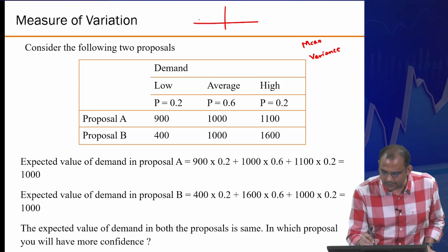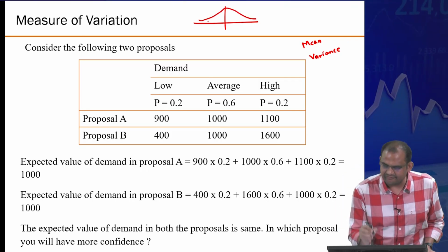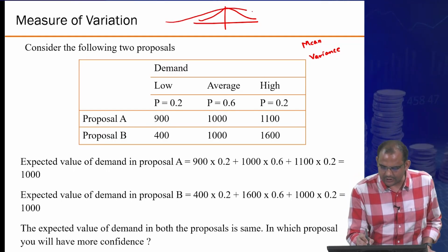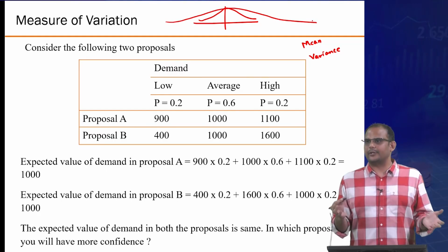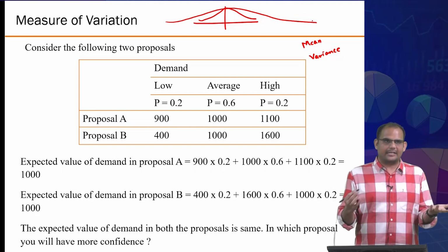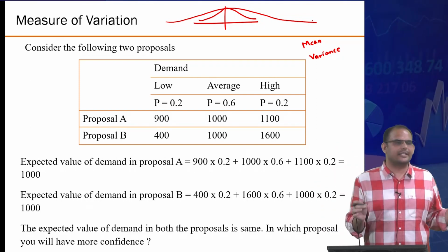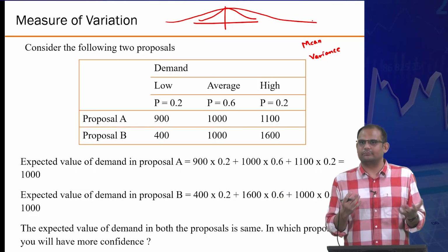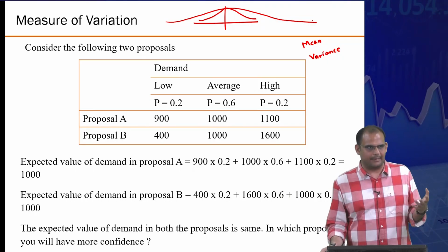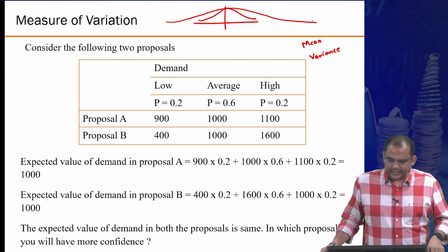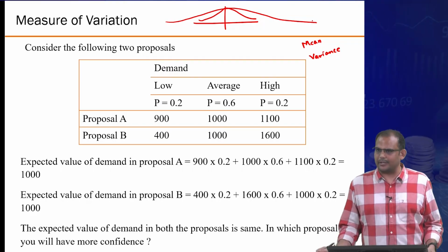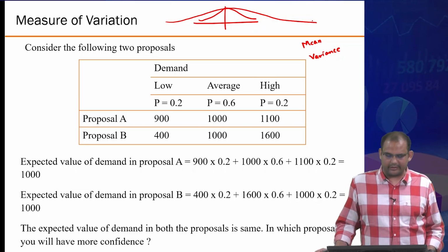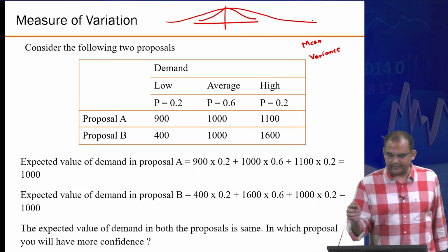There could be two series whose means are equal, but their variations are so big that you can't actually rely on what is happening, because individual terms are varying so much. Still the mean is the same, but the dispersion is too much in a particular investment, right? So that also can become an important criterion for you to choose whether it makes sense to invest in a particular project. So let me give you an example.